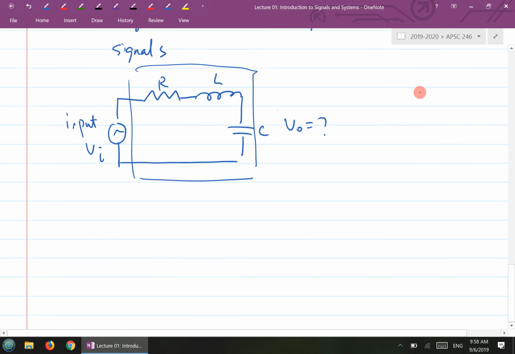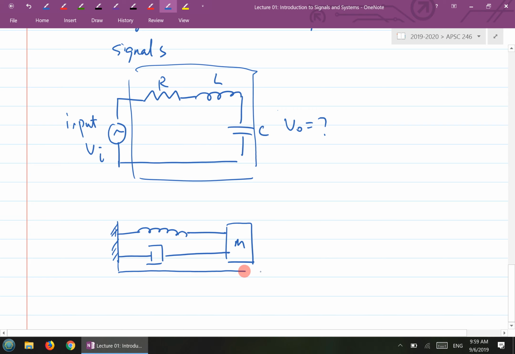Mechanical, I'll give you an example of a mass spring damper system. Let's say I have a mass, and the mass is attached to a spring here and a damper. So this is a spring, this is called a damper.